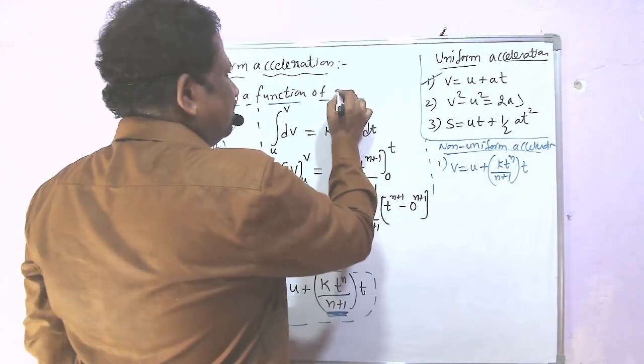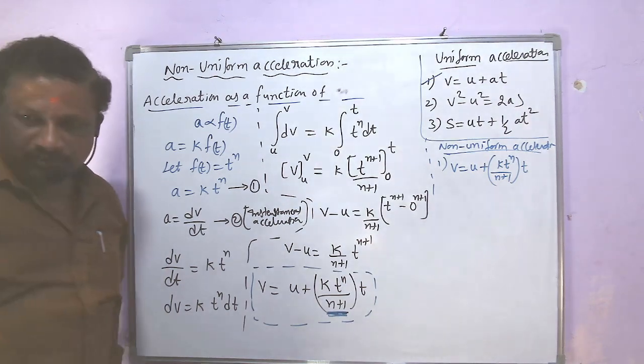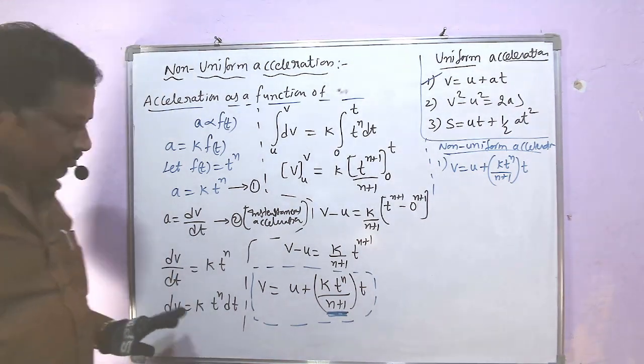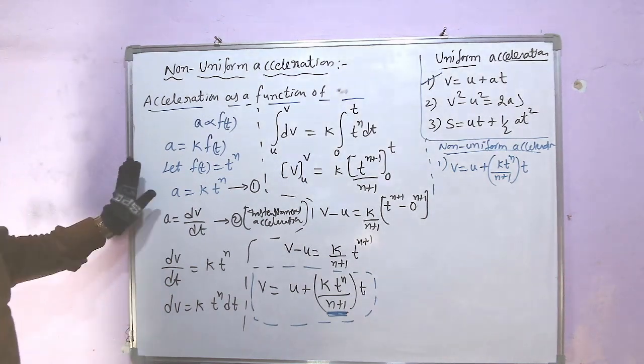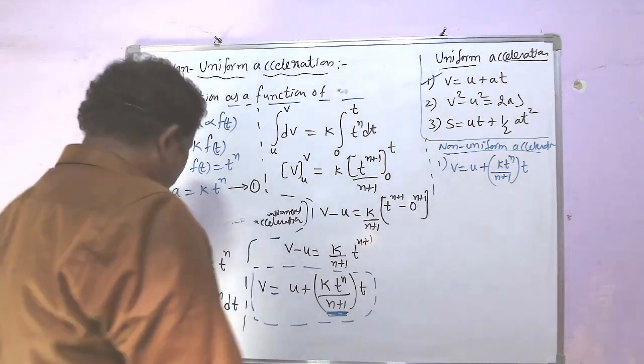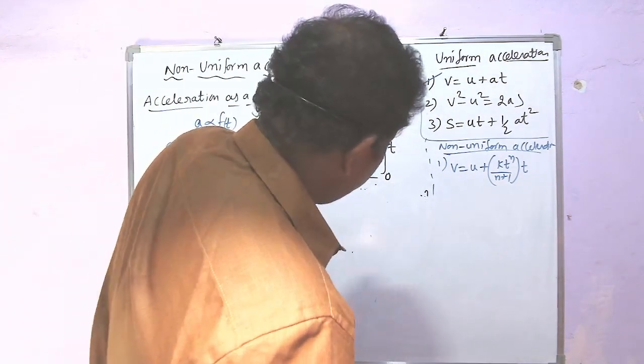Now we are going to derive the second kinematic equation for non-uniform acceleration motion. Acceleration is a function of displacement.